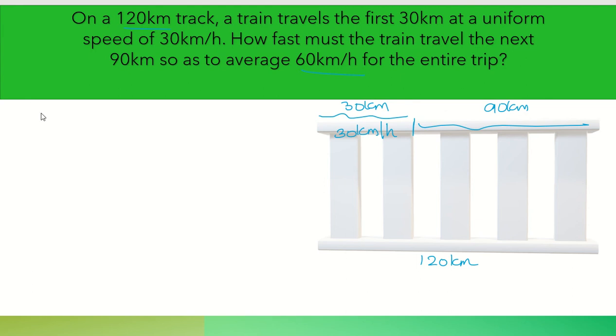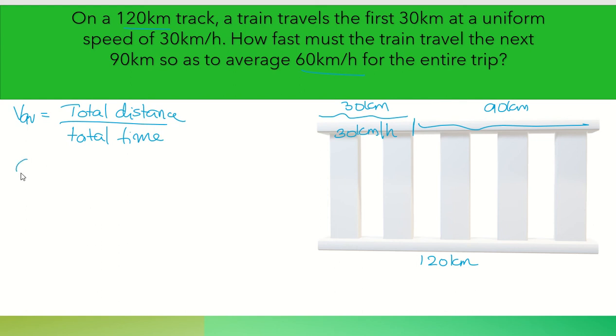Now let's start solving it. So observe carefully what I am doing here. Okay, so average speed formula is V average is equal to total distance traveled divided by total time taken, right? So we have the V average given here, right?